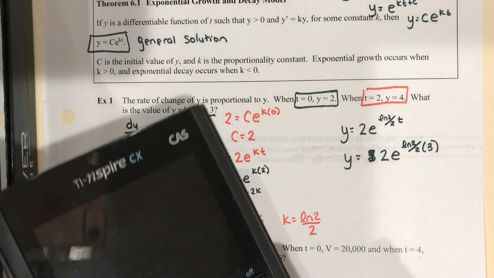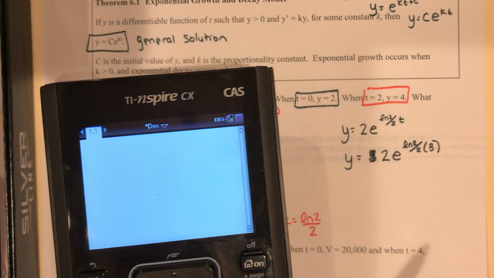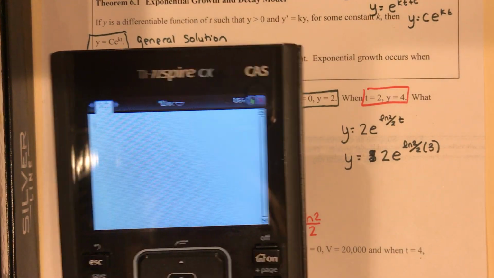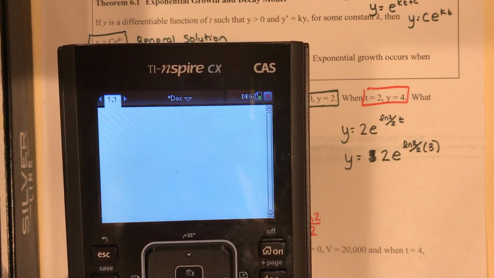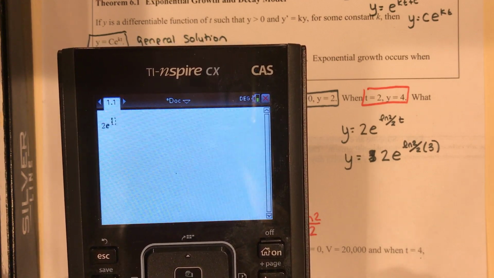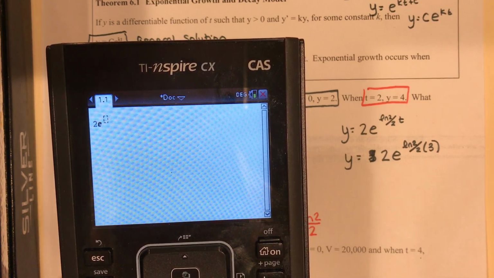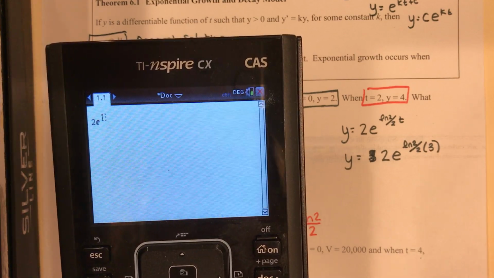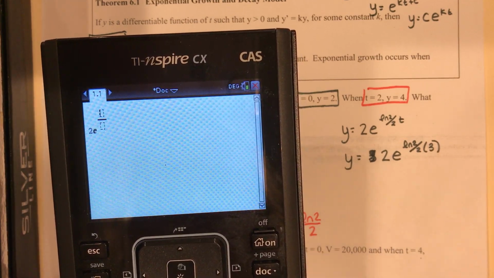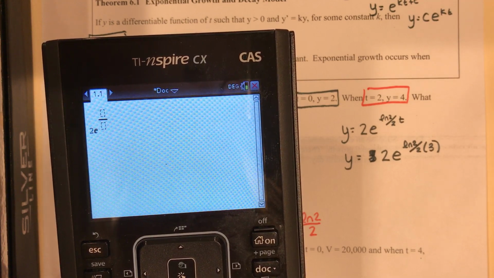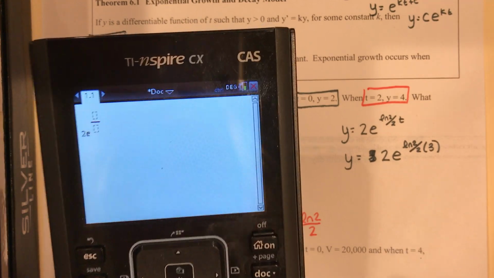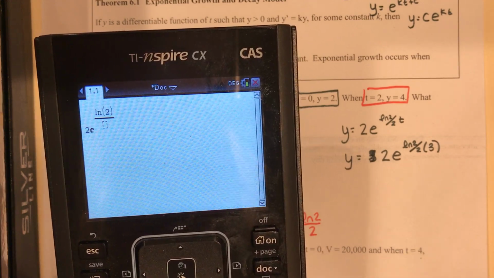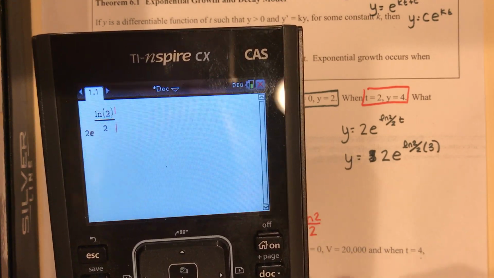And now if you were on the multiple choice question of an AP exam, you would just look for that in your answer. But we have our calculators for this one, so I'm going to just type it in, 2e to the ln of 2 divided by 2 times 3.